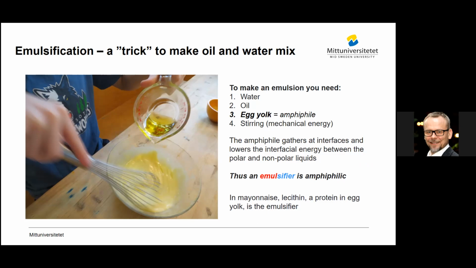It's an egg yolk, and in the egg yolk you have these emulsification properties coming from the lecithin, which is a protein that, and proteins are always amphiphilic, and a bit depending on which pH you have, you get it to be over or under the isoelectric point, and then you can give it some different properties that makes it more or less amphiphilic.